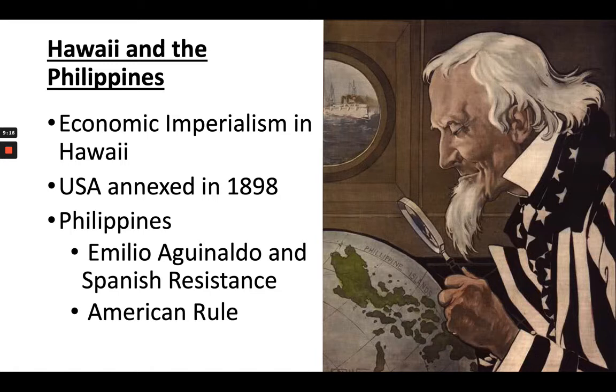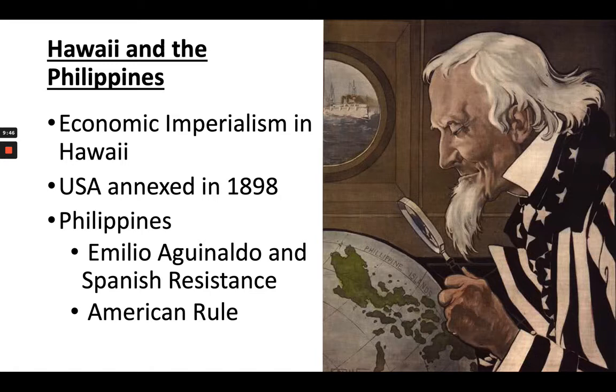So, we are an industrial state by 1900. That means, like our other industrial states, we are in search of new raw materials and new markets. One of the ways that we do that is by getting in a fight with Spain. So we participate in the Spanish-American War, which is really us picking a fight.